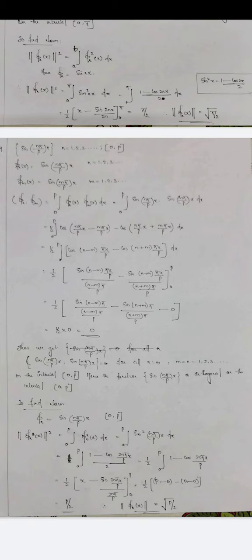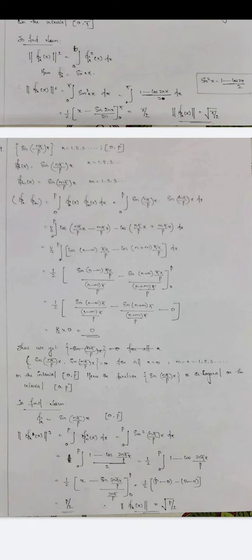After substituting, instead of x we put p, so that the p in the numerator and denominator cancel, and we get sin(π(n minus m)). We know sin(π(n minus m)) is actually 0. So the whole thing in the bracket is 0, and the answer is 0.